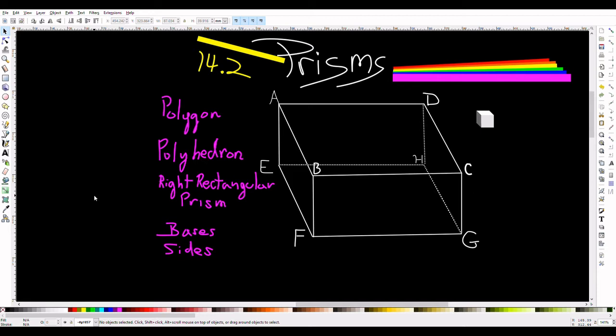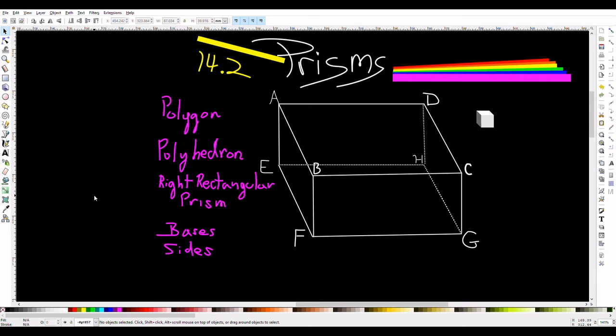So first, let's look at this list of purple words, which I have written in the left side of your screen. So the first term is polygon, which we've talked about before, and a polygon is just any closed shape.